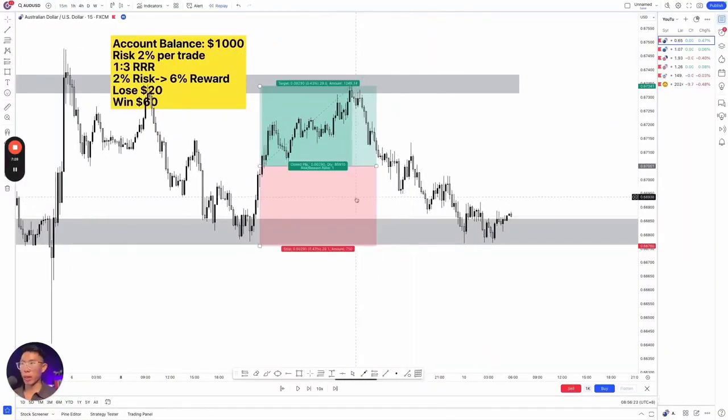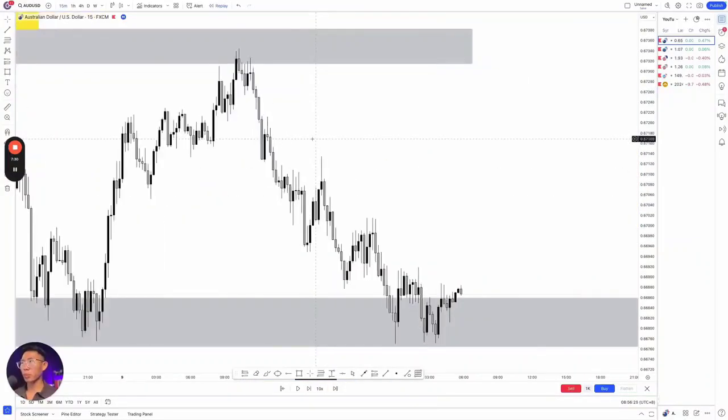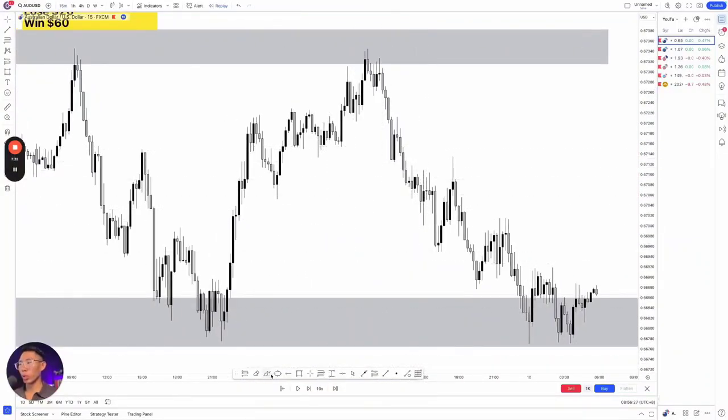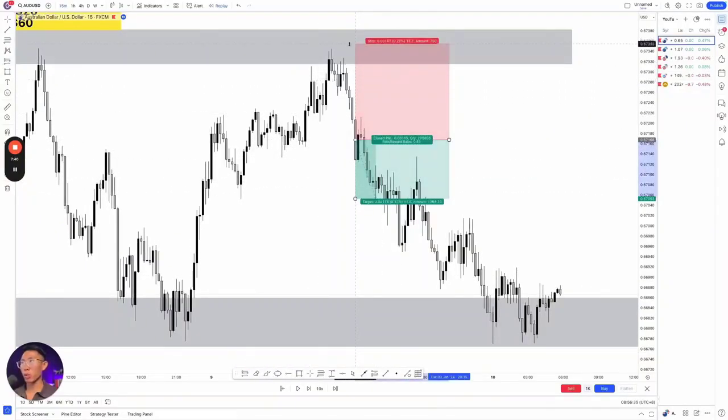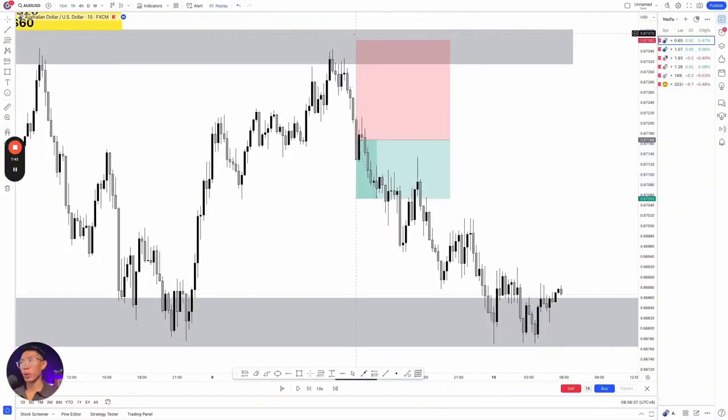So another example, let's say I actually managed to enter on this pullback right here. So I enter a short position somewhere right around here, place my stop loss above this resistance area, and take profit all the way down at this area.